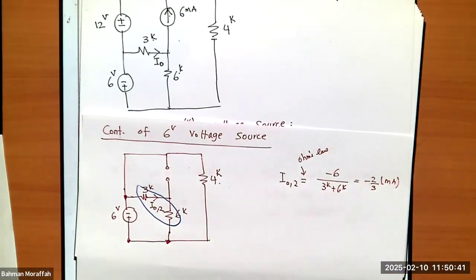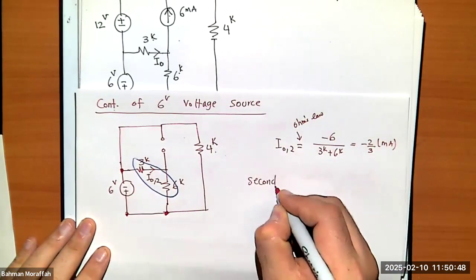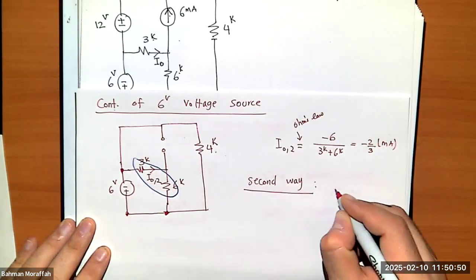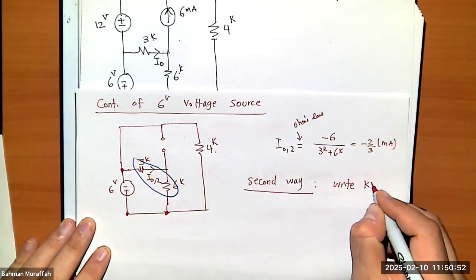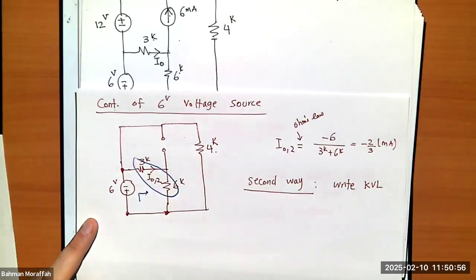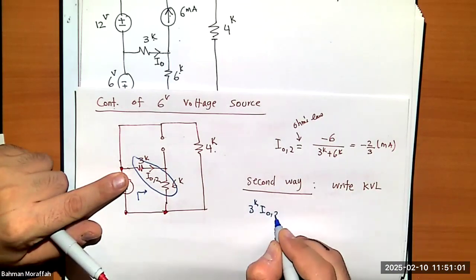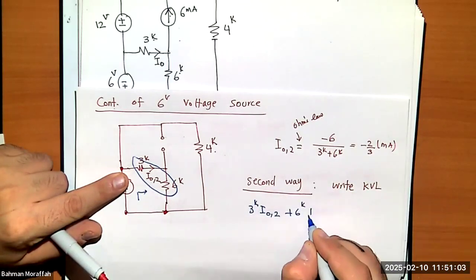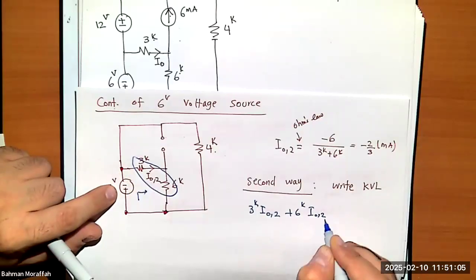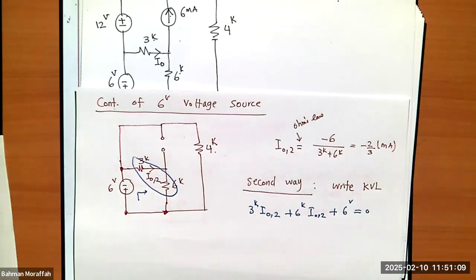If we don't know that, we can write a KVL, right? So the second way is to just write a KVL. So if I write a KVL here, what do I have? I have 3K times I02 plus 6K times I02 plus 6 volts. That should be 0.